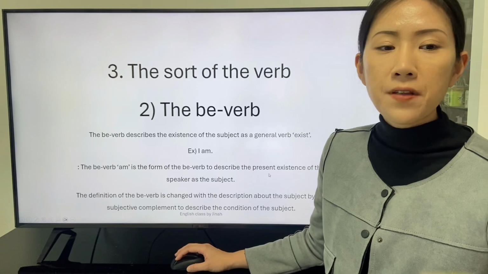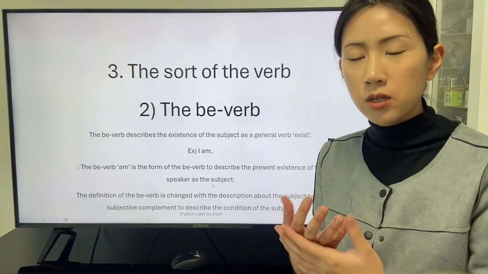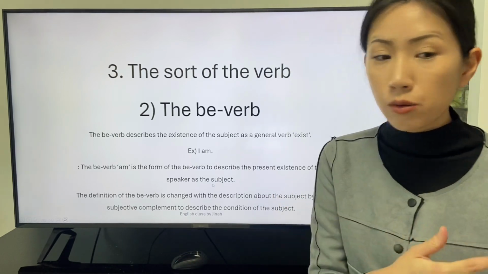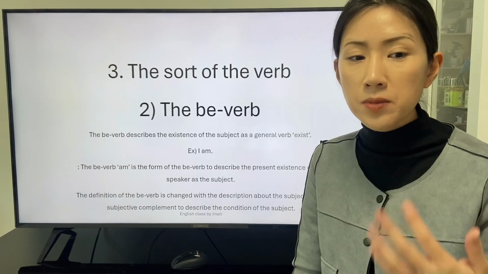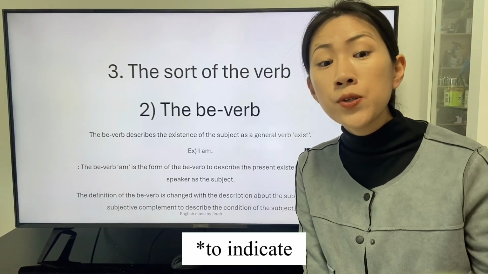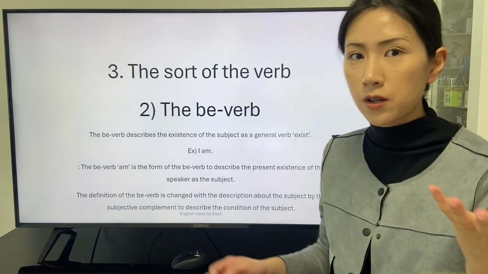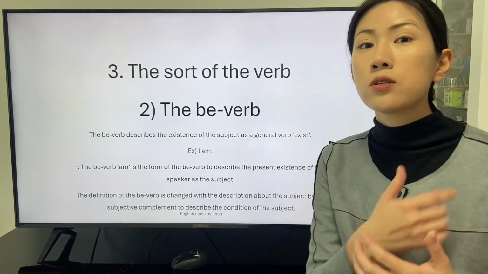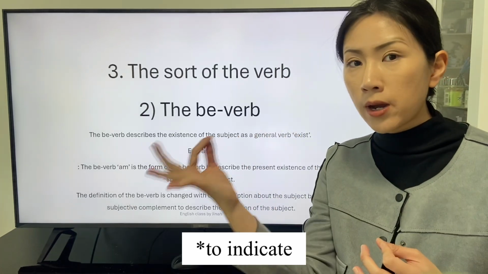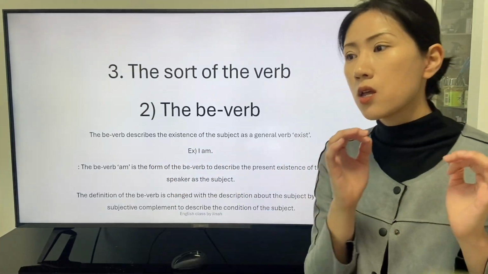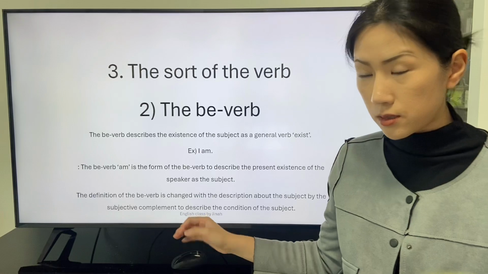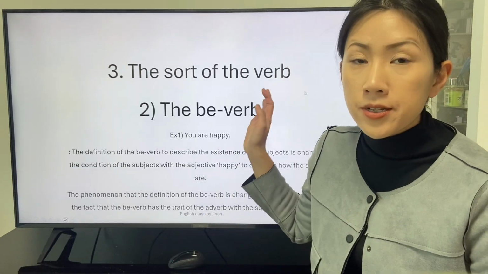The definition of the Be-verb is changed, unlike the general verb, with the description about the subject by the subjective complement, the condition of the subject, with the subjective complement, what the subject is, who the subject is, or how the subject is.